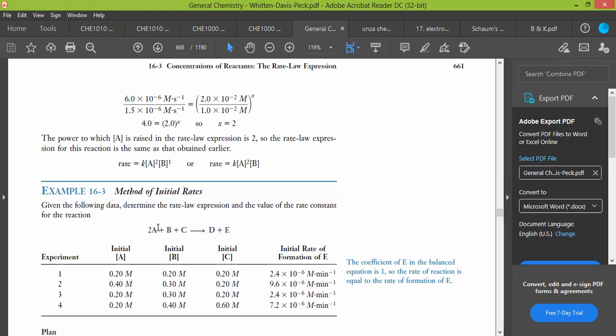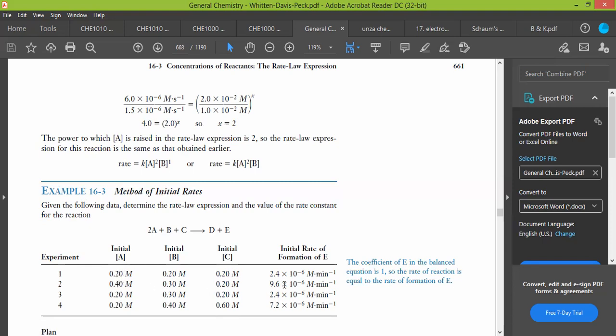So with respect to A, what you're going to do is find where C is constant. So C is constant throughout here, and then check for A. So in 1 and 2, A is changing, and C is constant. So I just look at this. This is changing by a factor of 2, 0.2, 0.4, the factor there is 2.